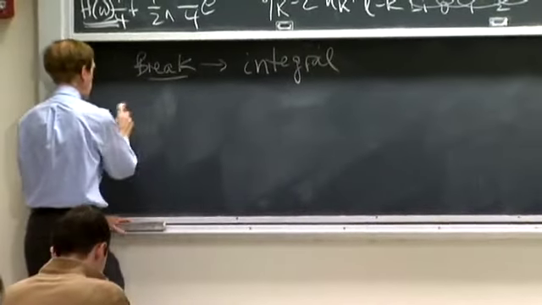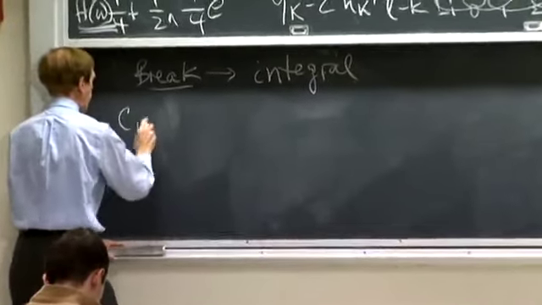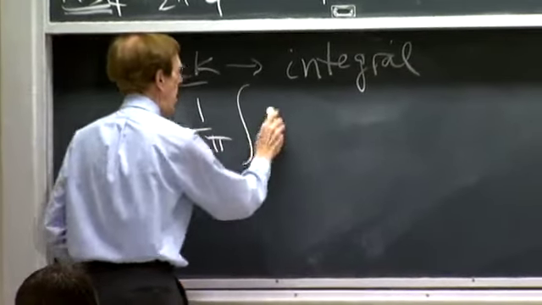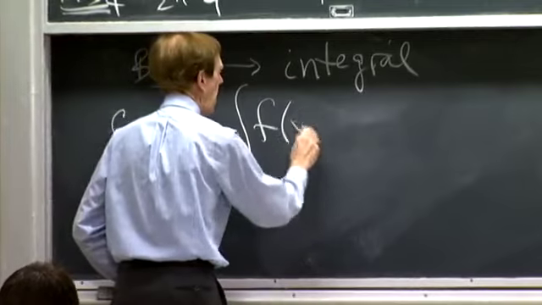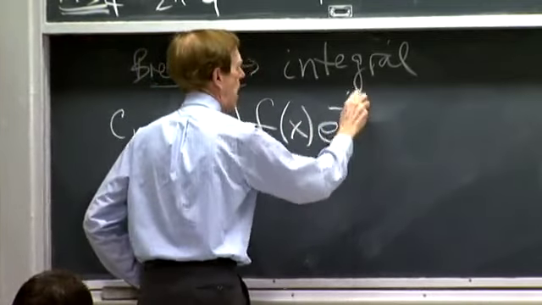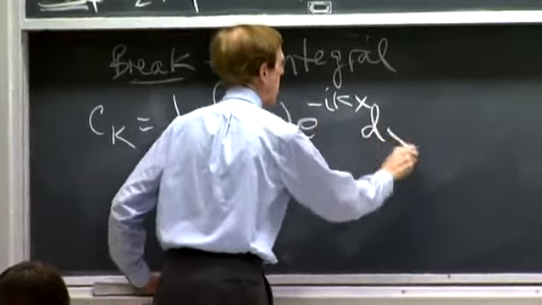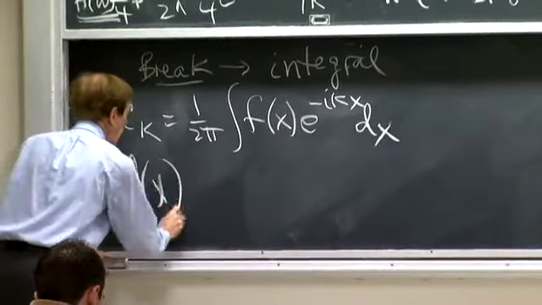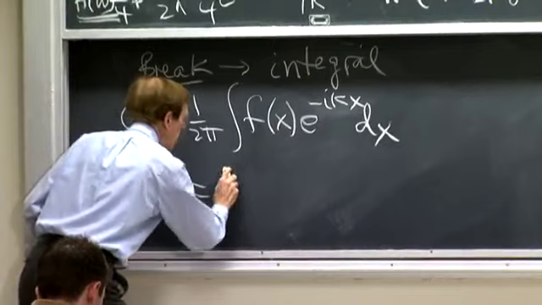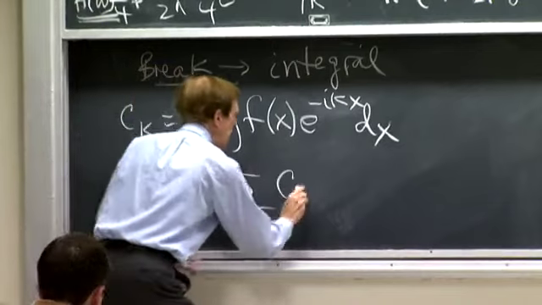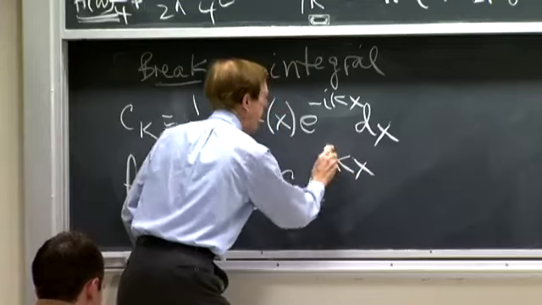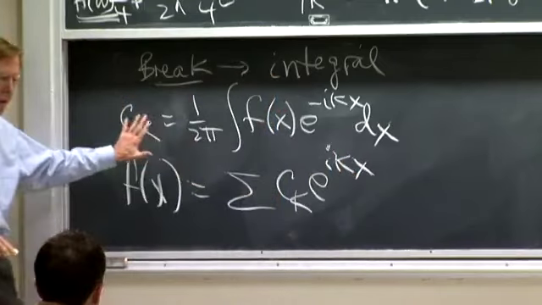Okay. So let me remember the formula for the coefficients, which was 1 over 2 pi, the integral of f of x, e to the minus I k x dx, right? And then when we added it up to get f of x back again, we added up a sum of the c k's e to the I k x's, right? That's 4.1.